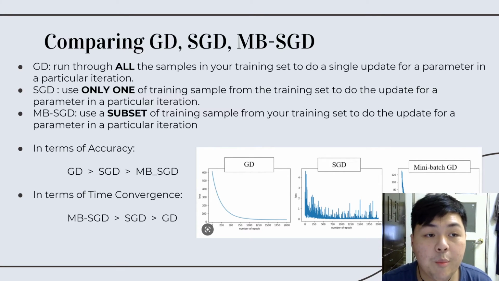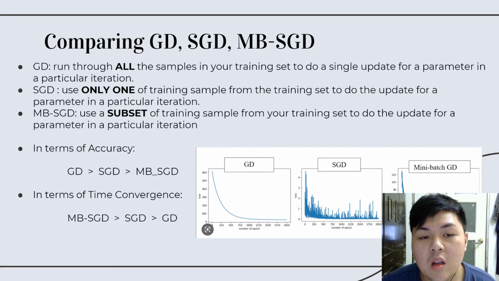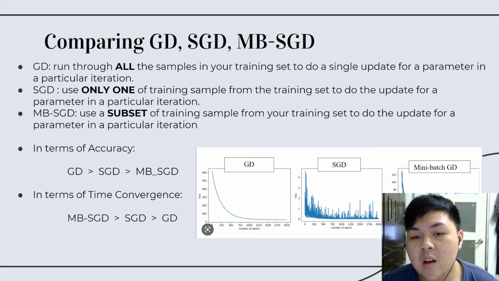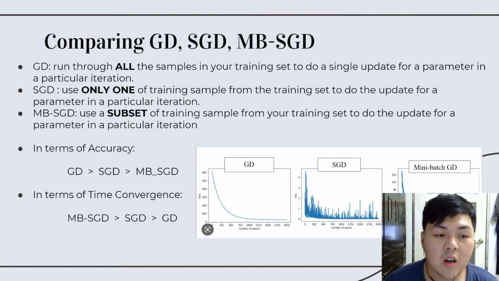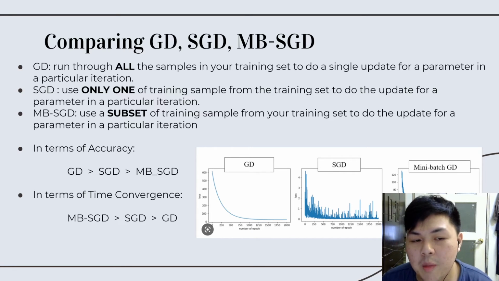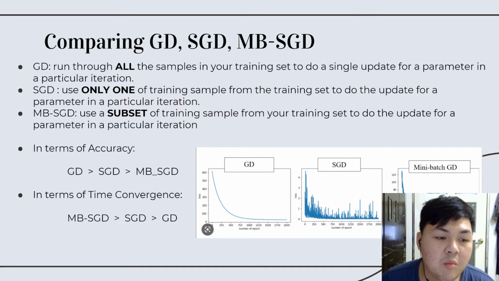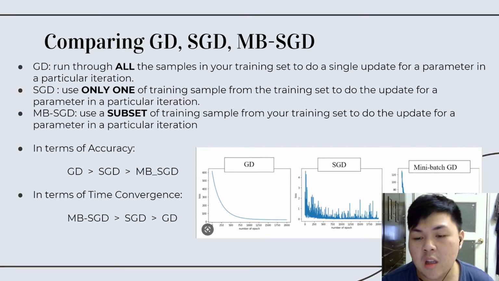And for mini-batch SGD, a subset of training samples from your training set is used to update the parameters in an iteration. So we know that in terms of accuracy, GD is more accurate compared to SGD and mini-batch SGD, but in terms of speed of convergence, mini-batch SGD is quicker than SGD and GD.